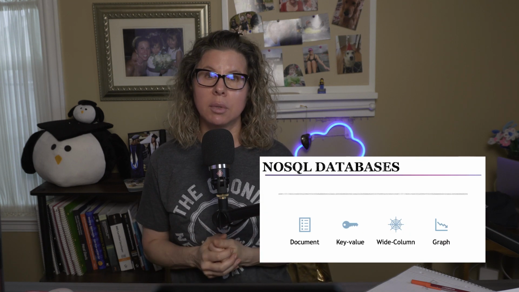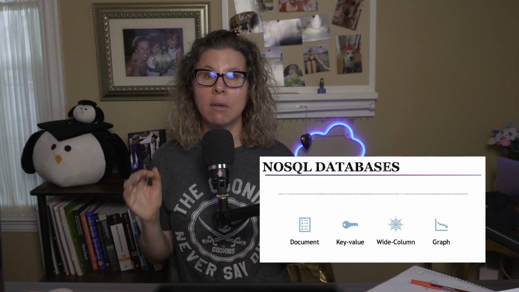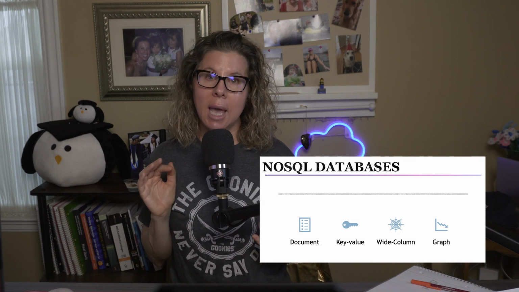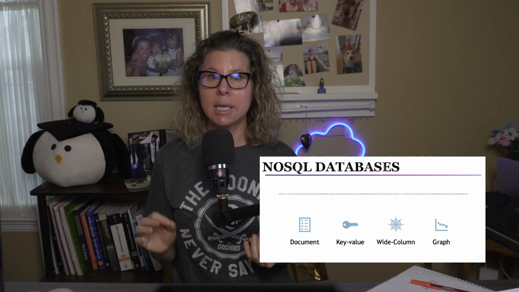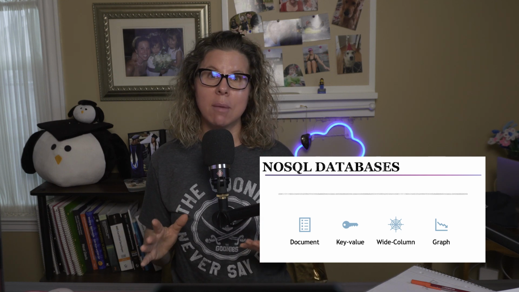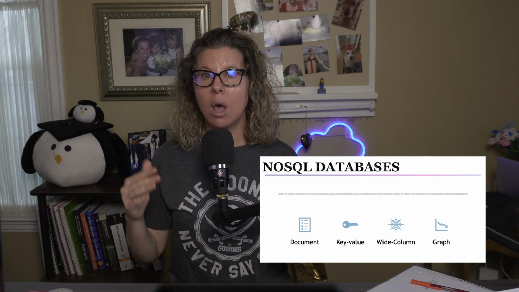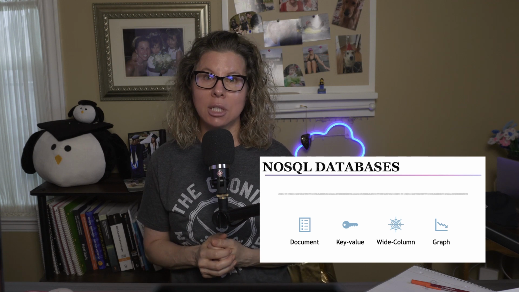There are 4 different types of NoSQL databases: document-oriented databases, which are designed for storing, retrieving, and managing document-oriented information; key value stores, which is a database that uses different keys where each key is associated with only one value in a collection.